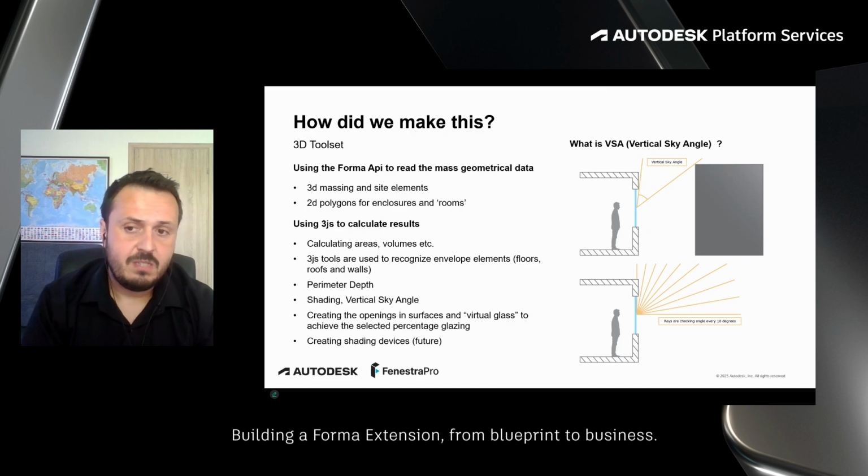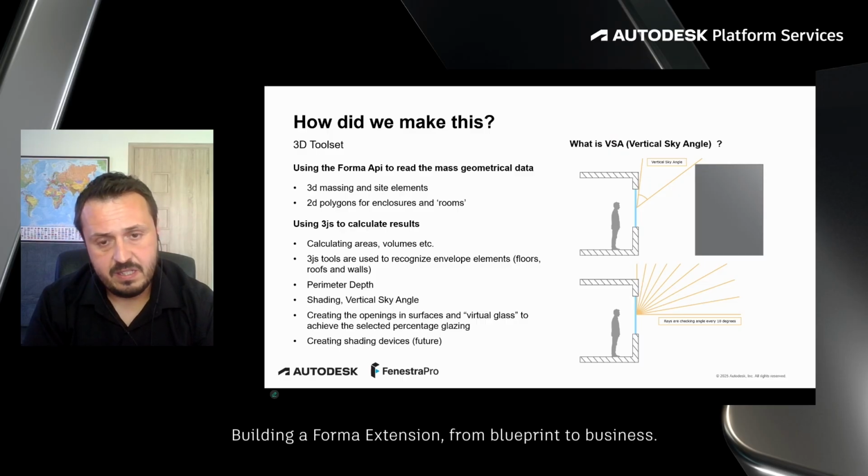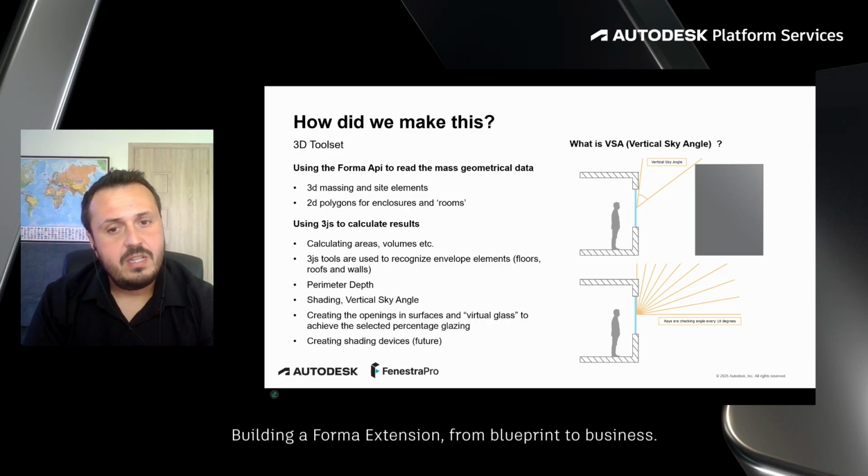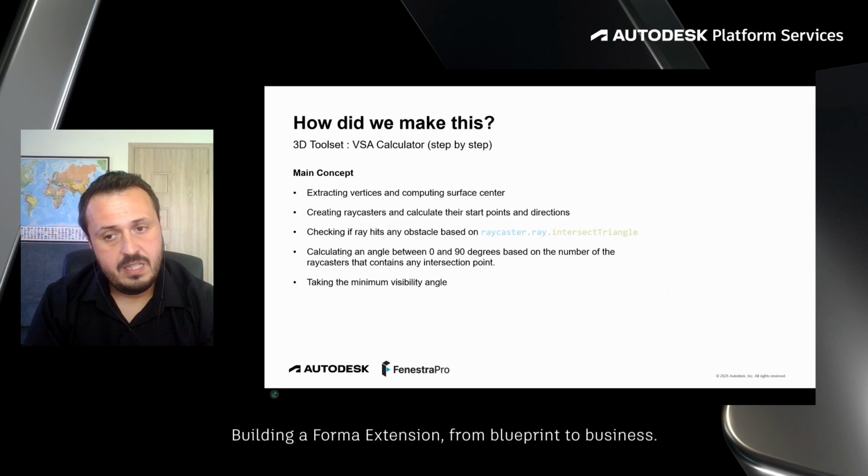All of this makes my vertical sky angle smaller. The maximum value for that angle is 90 degrees, as we see in the second image. To calculate this, we are using raycasters, and we need to hit the rays, and for that we are using 3JS toolsets. We are usually hitting 10 rays in the same direction, but with different angles.